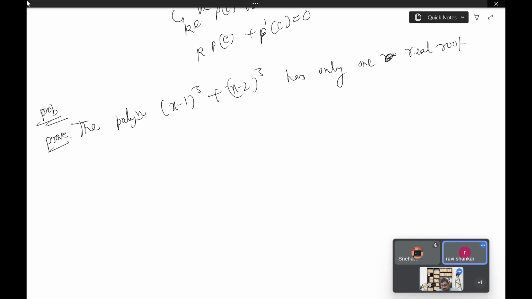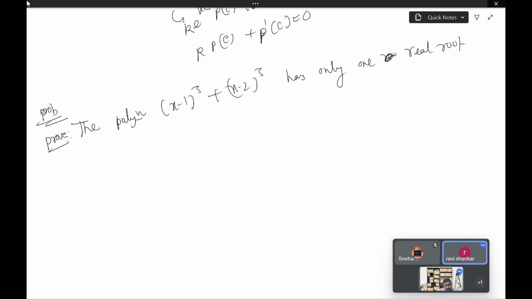Yes, sir. Here, for x equals 1 and x equals 2, the function has zero value. So f of a, no, it is not zero. Okay. Right. For f of 1, it is -1, f of 2, it is 1.